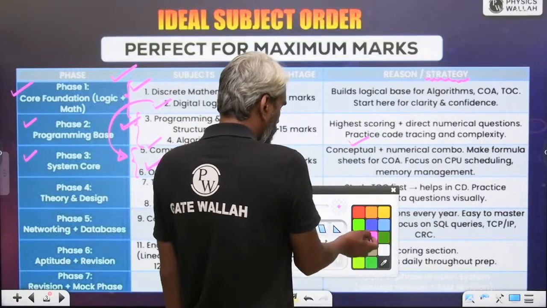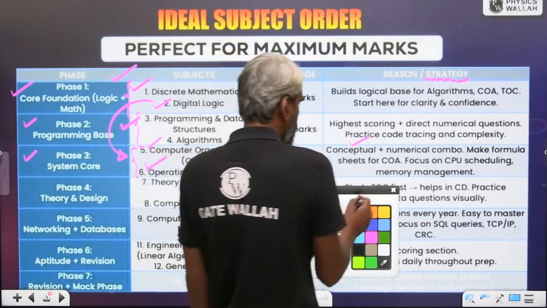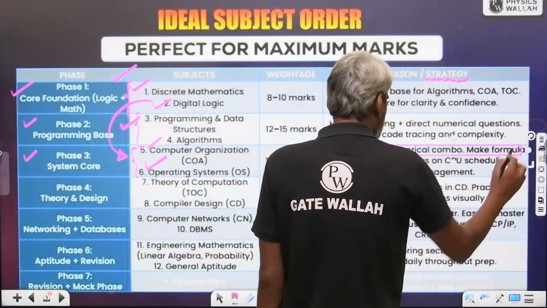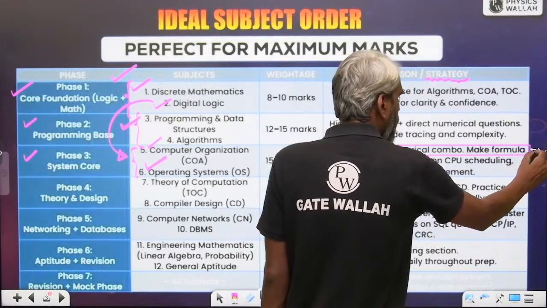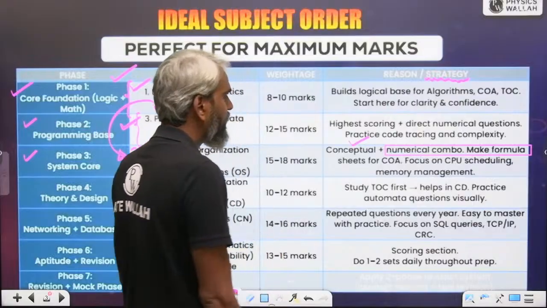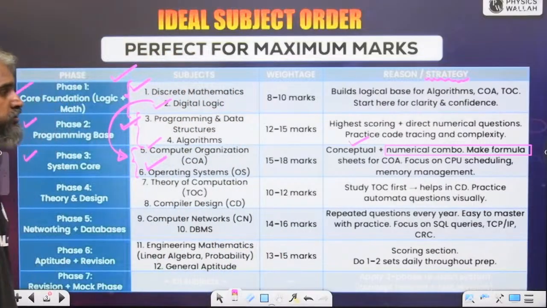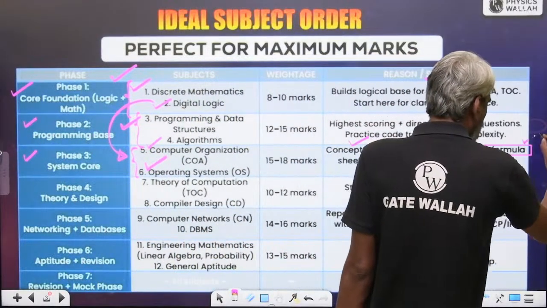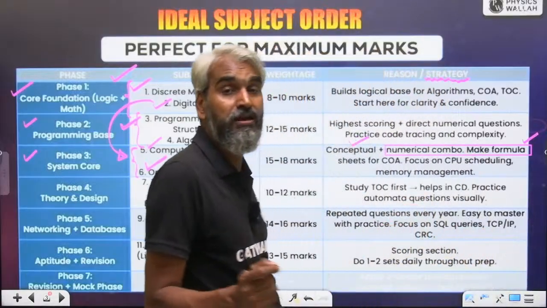When I say formula, my primary focus with respect to computer organization and architecture will be to derive the formulas, that is, how exactly those formulas are derived. When we discuss the formula for memory organization, or the formula for paging, how exactly those formulas are derived will help you understand the concept at the inner level.